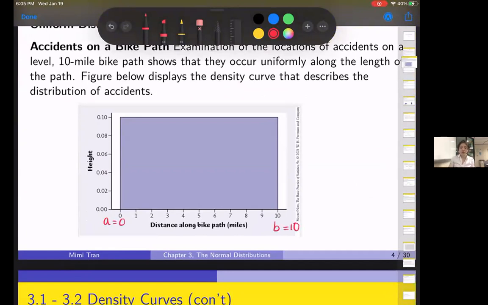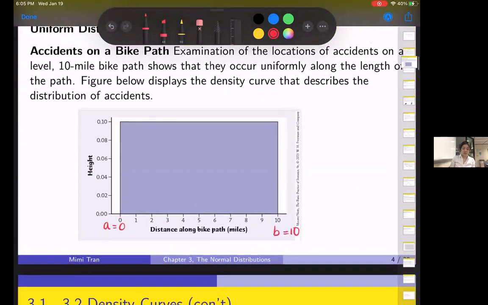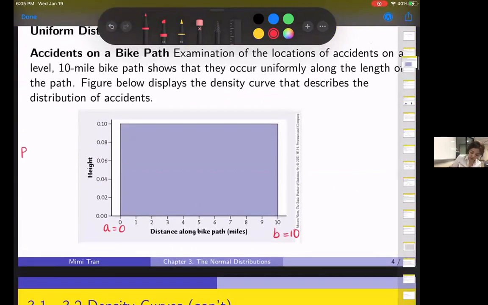So your probability density function, PDF for short, is 1 over b minus a. Since b is 10 and a is 0, it is 1 over 10. That's the height of the box, the y-axis. The width is 10 minus 0, which is 10.